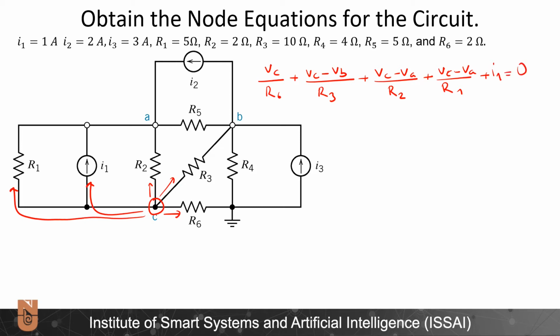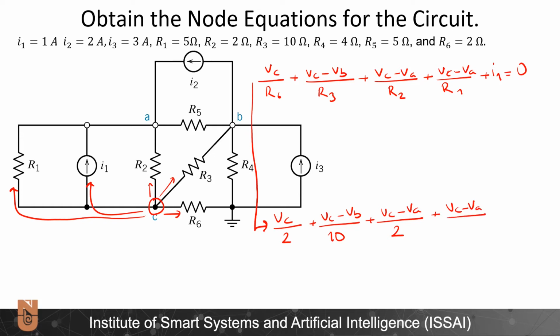Let's plug in the numbers. I think I will write this here because I will run out of space. VC divided by 2 plus VC minus VB divided by R3, 10, plus VC minus VA divided by 2 plus VC minus VA divided by R1.